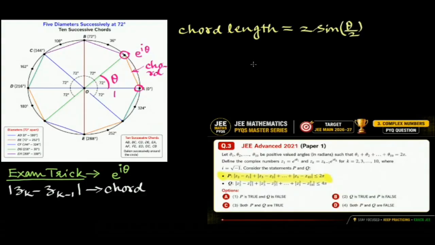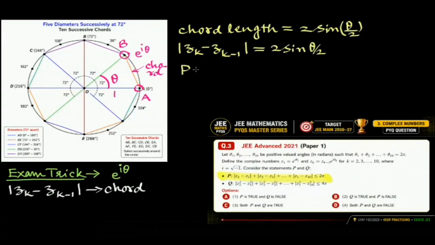This can be understood from the property that the perpendicular from center O to the chord, say AB, bisects the chord, from which we can find the chord length to be 2 sine theta by 2. Hence, mod zk minus z(k minus 1) is 2 sine theta k by 2.